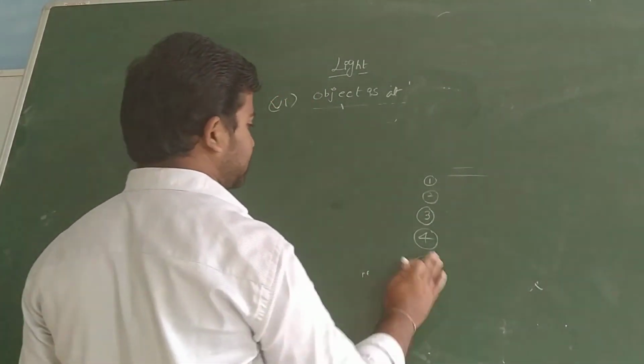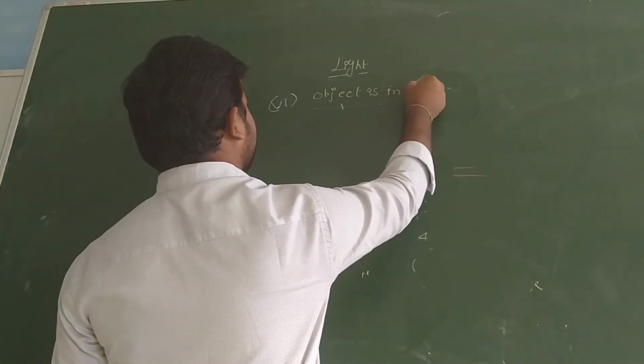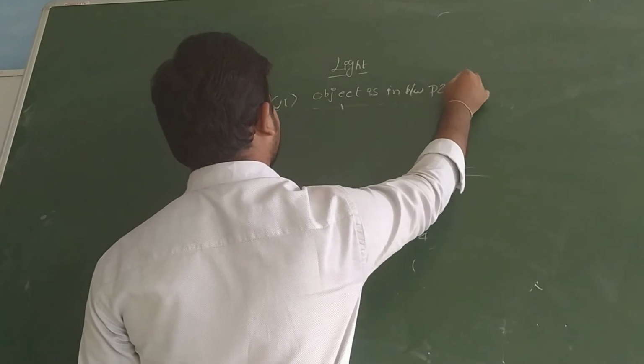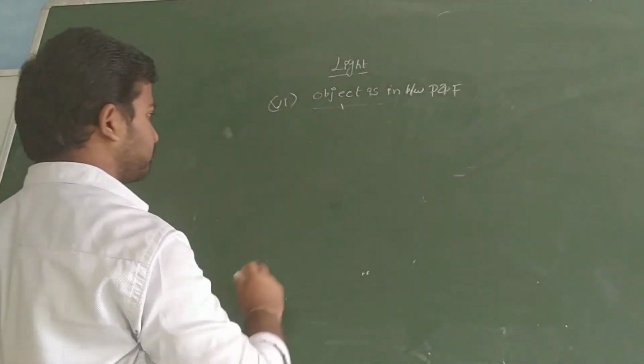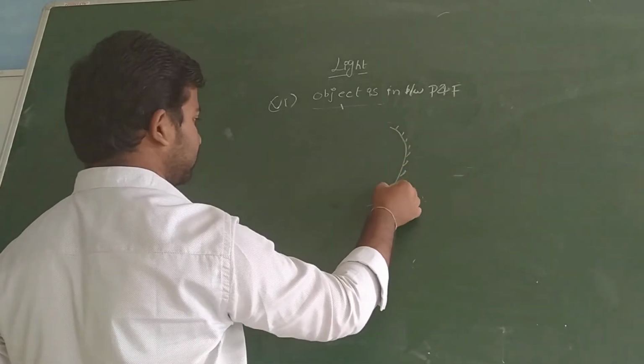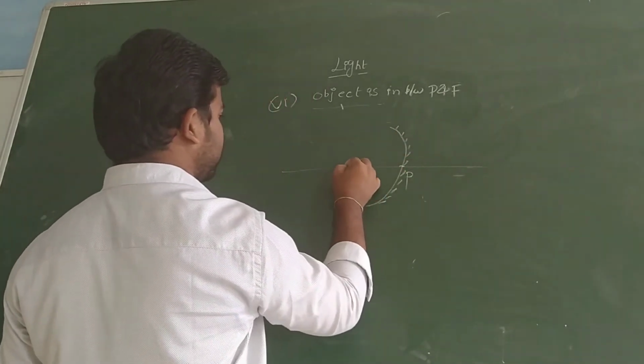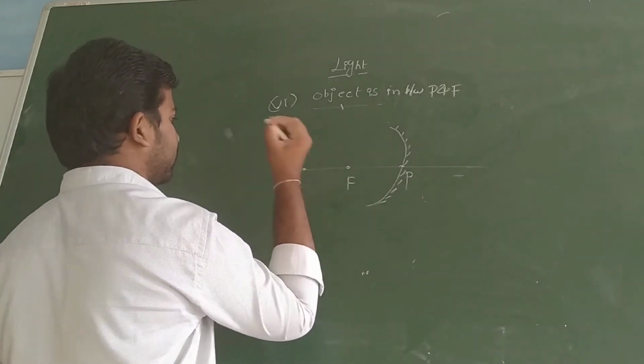the object in between P and F. In between P and F. So how it will be, you can see. It is a concave mirror. Pole, focus, center of curvature.